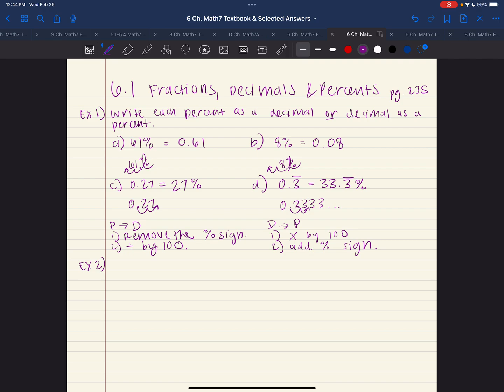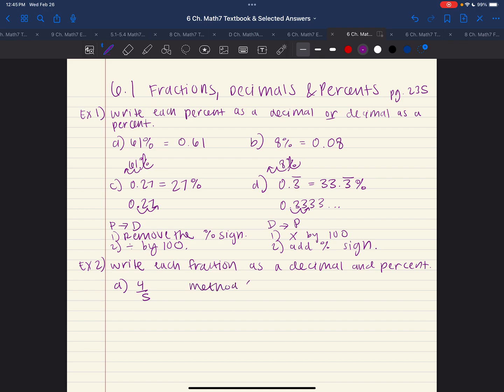Now we're going to talk about how to write a fraction as a decimal and a percent. Write each fraction as a decimal and percent. All right, so this is A. All right, 4/5. There's 2 methods for this.